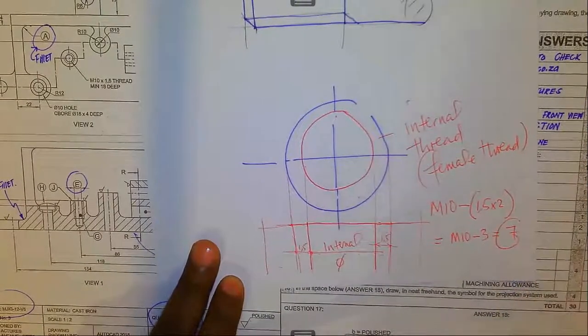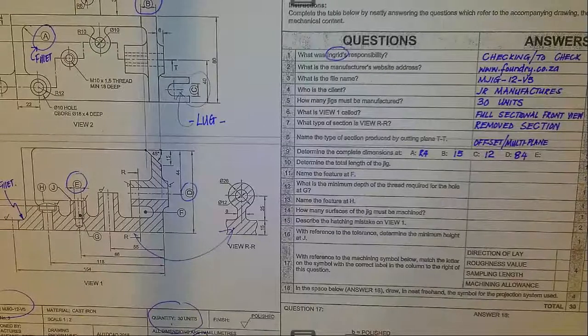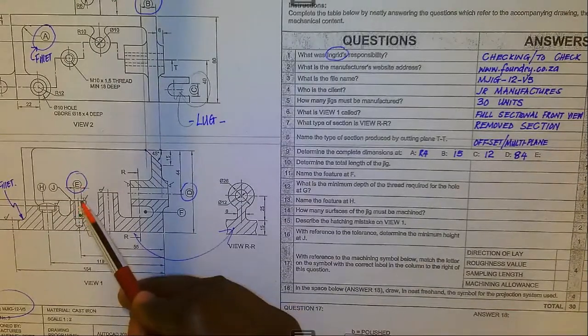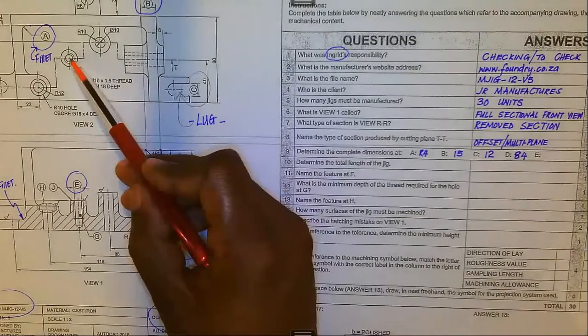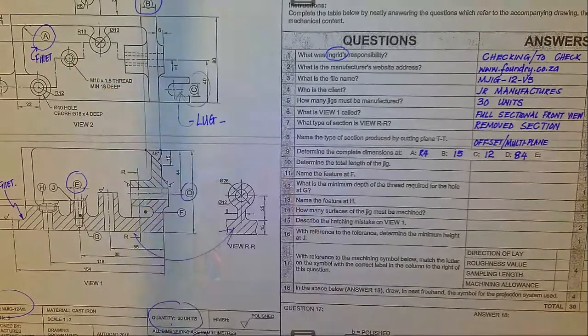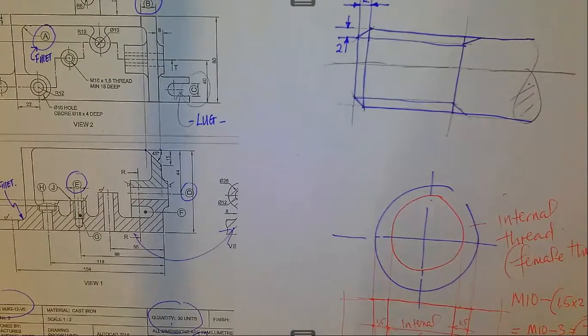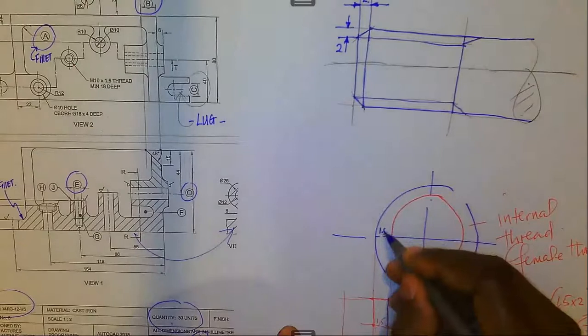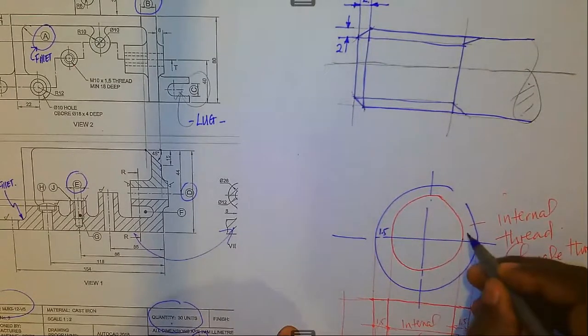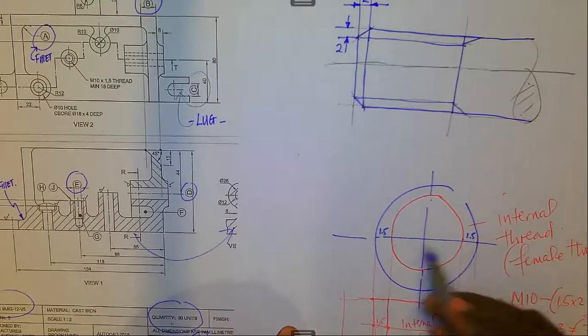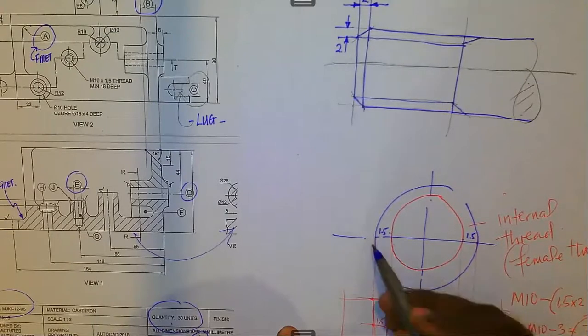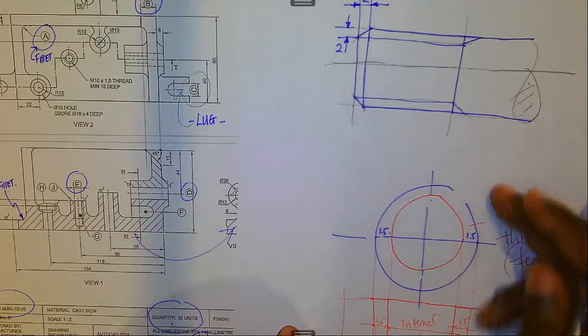So for the size we require, you need to subtract the depth of the thread, 1.5 and 1.5, which is 3, from the nominal diameter of 10.